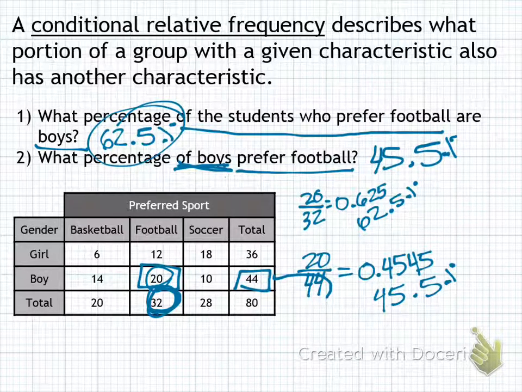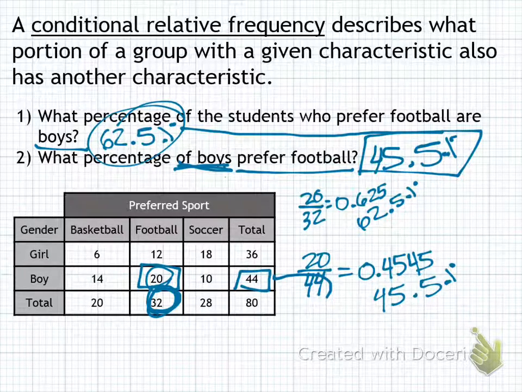Okay. In this second question, the 45.5% are the percentage of boys who prefer football. So the rest of what's left to 100%, which would be 54.5%, is going to be boys who prefer another sport. So boys that prefer basketball or soccer would make up the other 54.5% there.